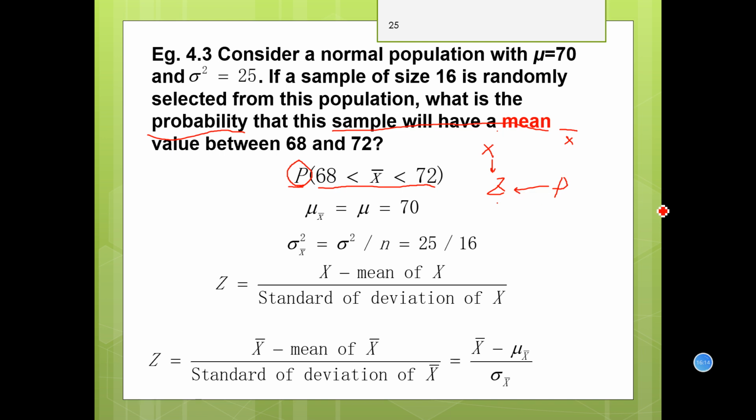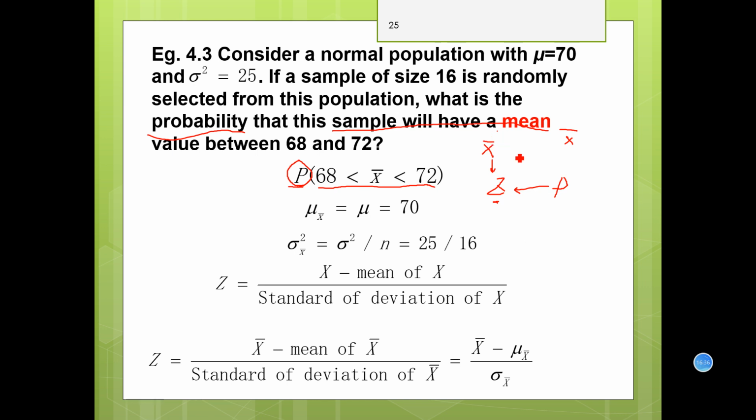So here, this is the same thing. We said that z distribution is a special normal distribution. So here, in this question, what we are talking about is not x, but x bar.